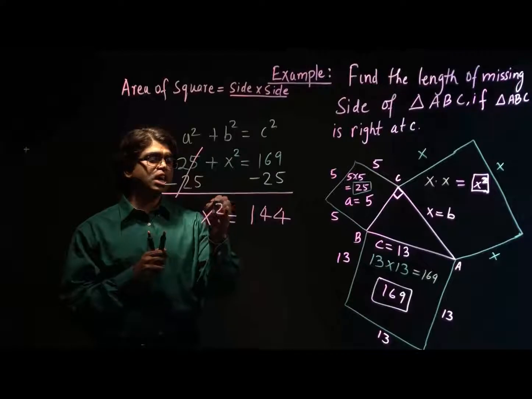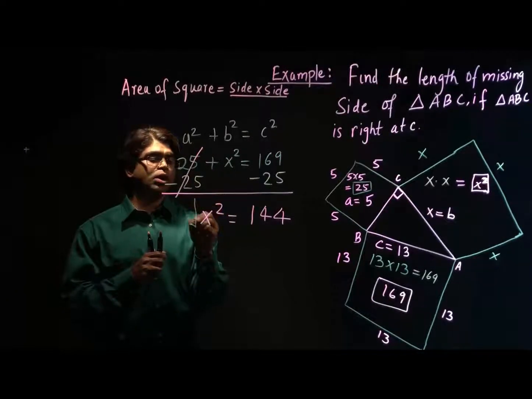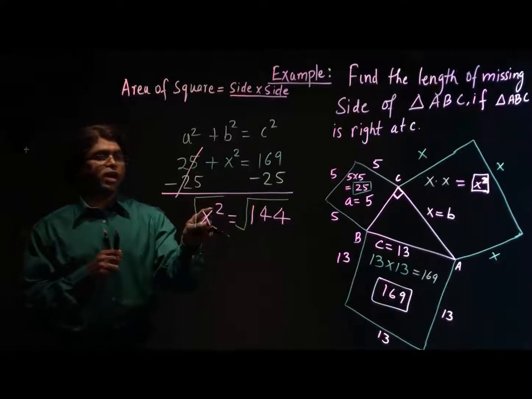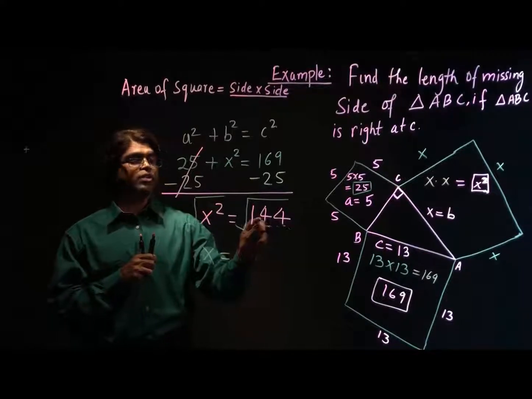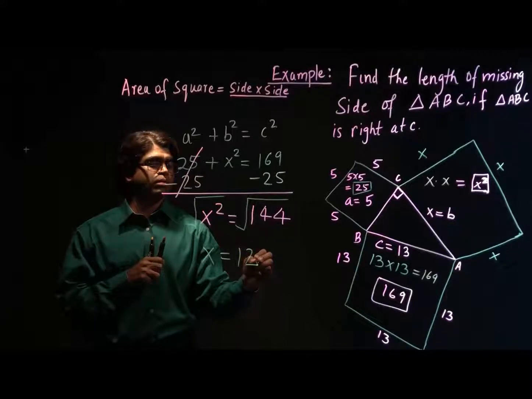That gives 144. As you can see, I want to find the value of x, so I'm going to take the square root on both sides. The square root of x squared is x, that is equal to the square root of 144, which we know is 12.